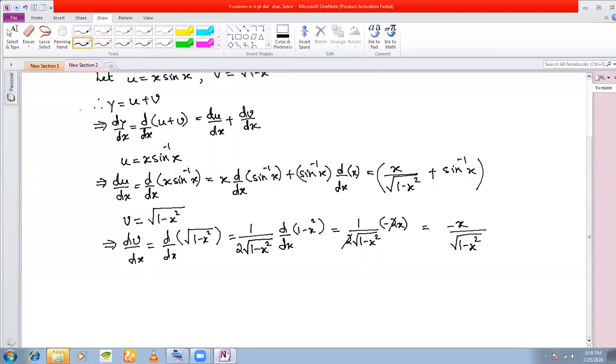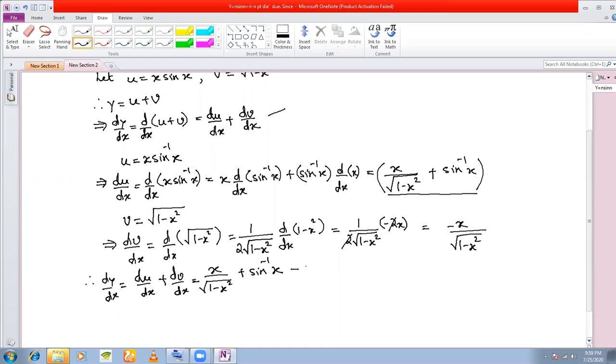So what do you have? Therefore dy dx is equal to du dx plus dv dx, isn't it? What is du dx? We have found this: x by root 1 minus x square plus sin inverse x.